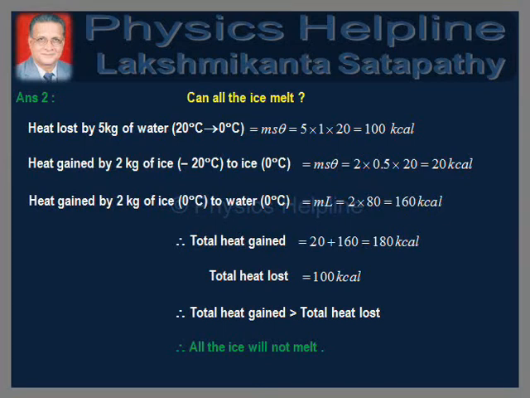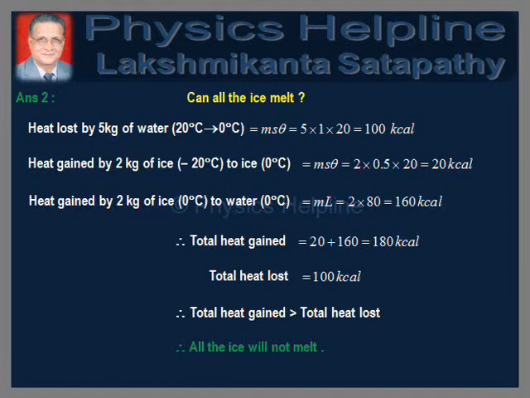Now, the heat lost by 5 kg of water to cool from 20 degrees C to 0 degrees C is equal to m s theta, which is equal to 100 kilocalories. Heat gained by 2 kg of ice to increase its temperature from minus 20 degrees C to 0 degrees C is equal to m s theta, which is equal to 20 kilocalories.